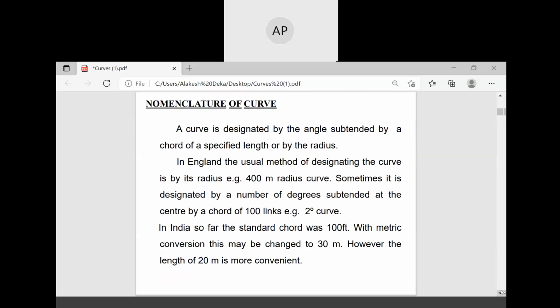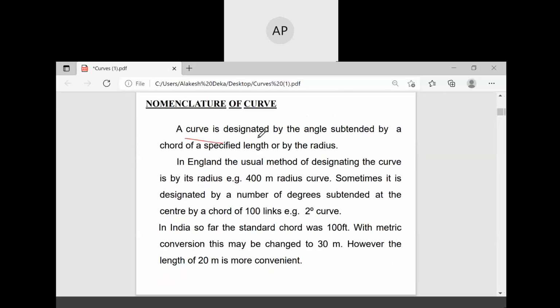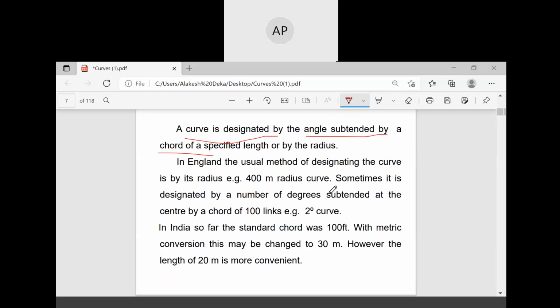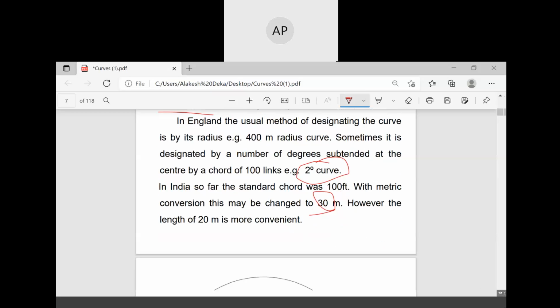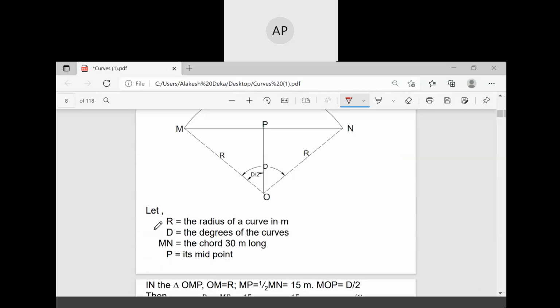Nomenclature of curves. How can you define a curve? A curve is designated by the angle subtended by a chord. For example, a 2-degree curve, or we can say a 3-degree curve, like that. So these are the nomenclature.